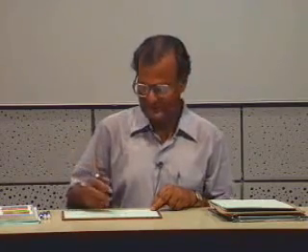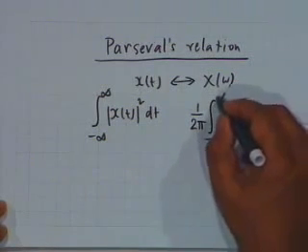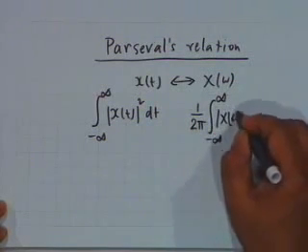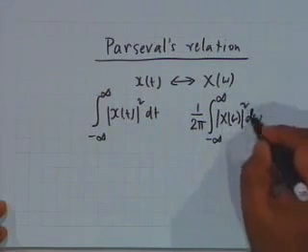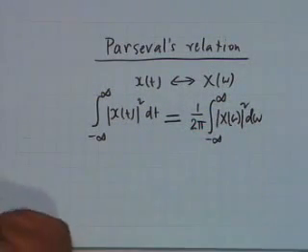Then it is the integral of I squared R dt, that's the total energy, and otherwise it's V squared by R. This is the total energy in the signal, and then the energy in the frequency domain is given by 1 by 2 pi times the integral from minus infinity to infinity of |X(omega)| squared d omega. Parseval's relation says that these two are equal.